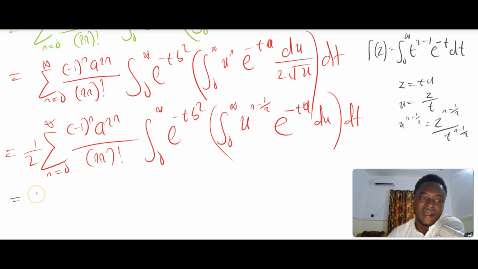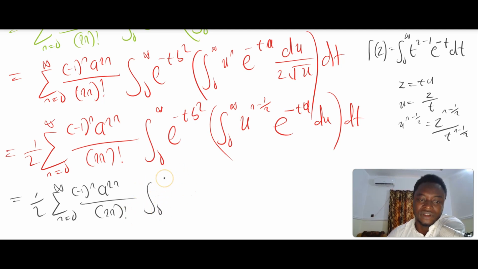You will have half times the sum as n runs from 0 to infinity of negative 1 to the n a to the 2n divided by 2n factorial. So you see the progress we're making, times the integral from 0 to infinity. Now we need to pull out, of course, the du would be dt over z. So you need to pull out, let us do it together.